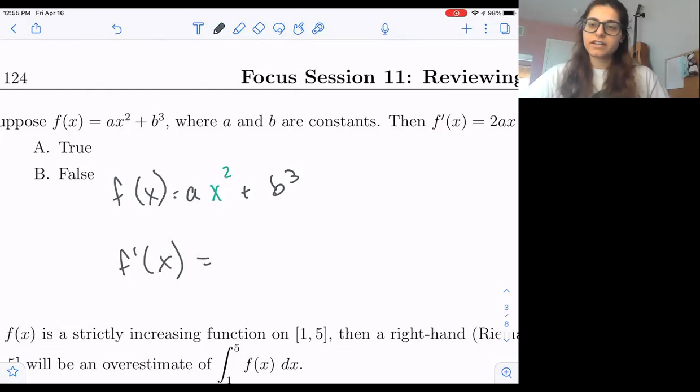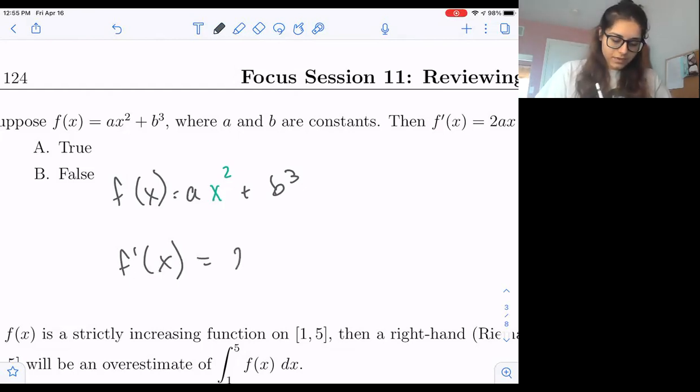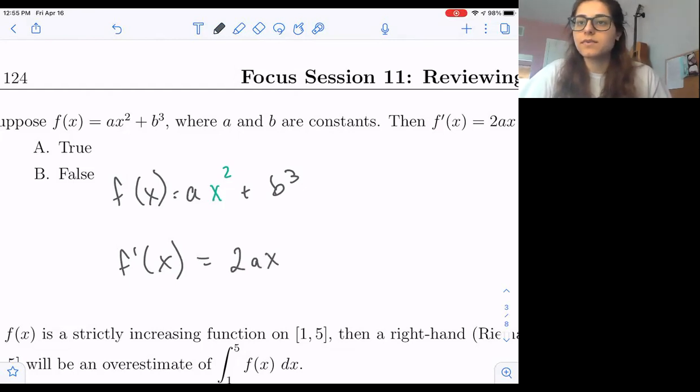When we take the derivative, we're going to do 2 multiplied by a, x to the 2 minus 1 is x to the 1. That's the derivative of the first term. Then the second term, you might say 3b squared, right? But actually b cubed is a constant, and we're taking the derivative with respect to x.